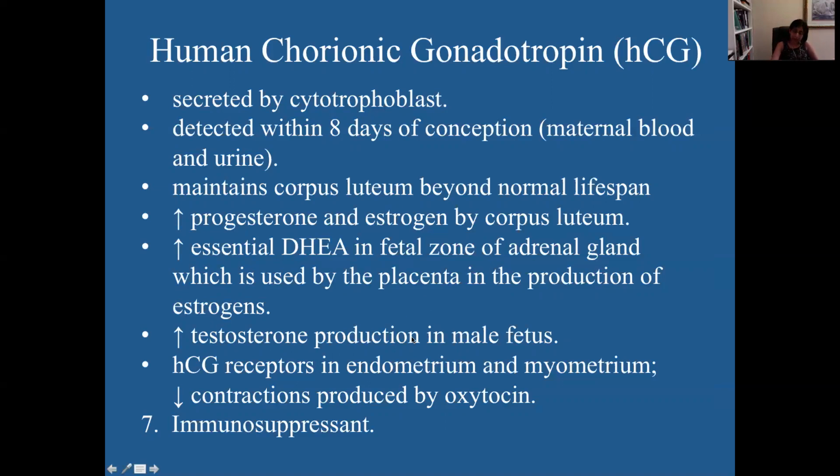HCG receptors are present in the endometrium and myometrium, and it decreases contractions produced by oxytocin. Contractions are reduced, with a decreased amount of oxytocin causing less contraction of the uterus.